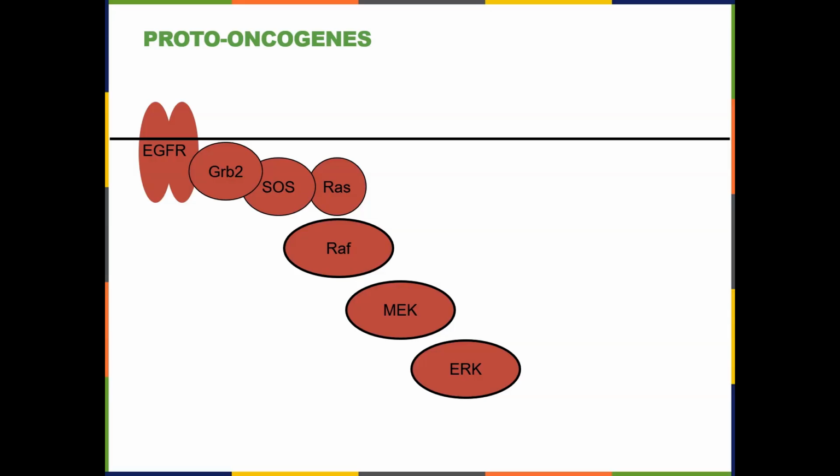With the normal functioning epidermal growth factor receptor and signaling cascade, if there's no epidermal growth factor present to stimulate the receptor, the cell signaling cascade is not active.